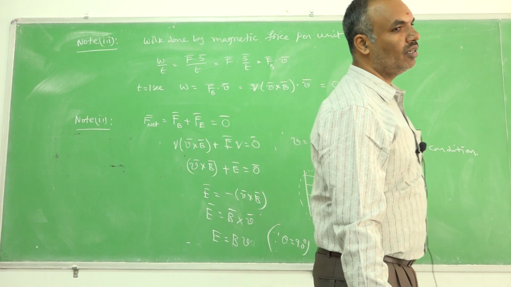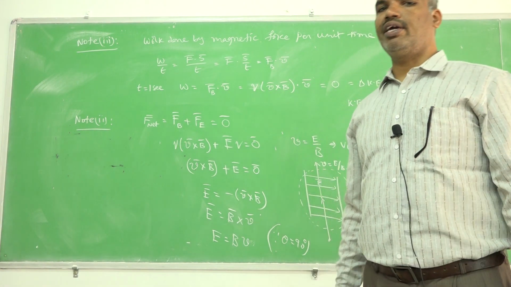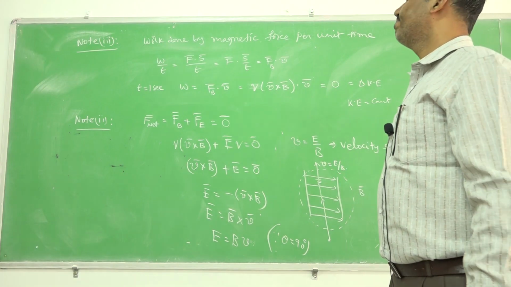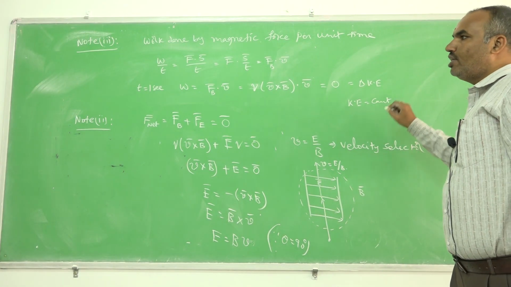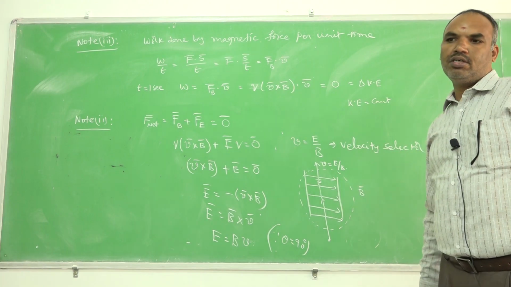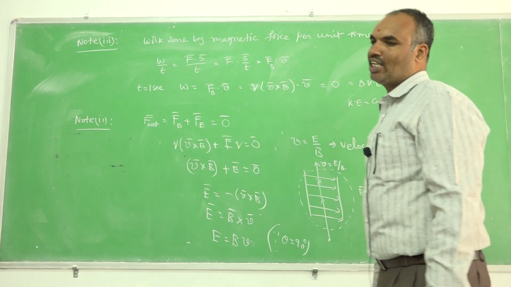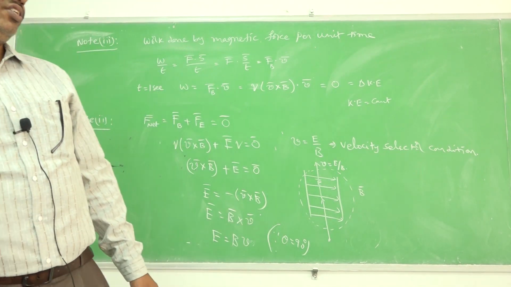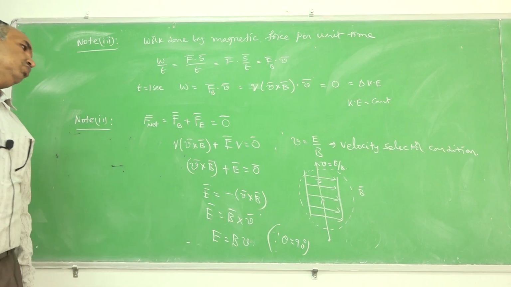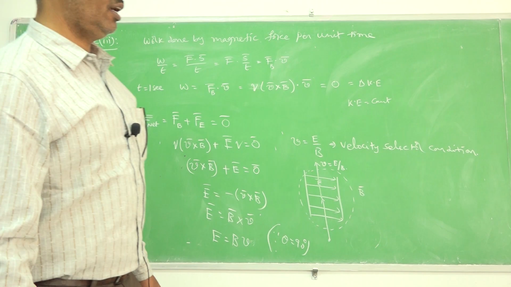It will not bring any change in its speed, or in its kinetic energy. The same thing I mentioned in note number 3. So, by considering all these note points as well as concepts, we may do a lot of applications. Let us do a few applications based on these ideas.